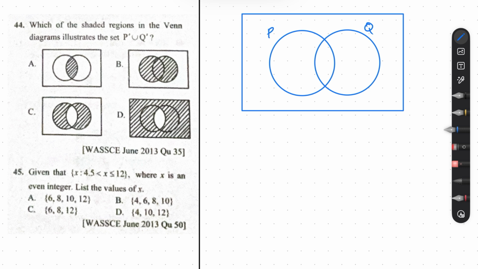Q. Now P complement, let's use yellow to represent P complement. We are going to shade all the sides that are what? P complement. And we know P complement is everything outside of P, right?